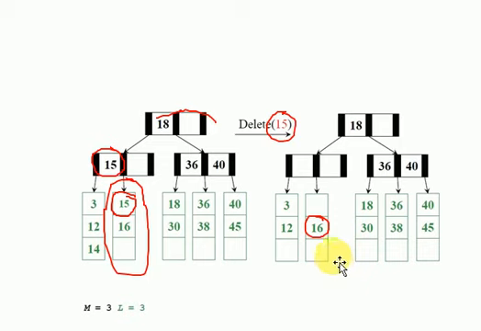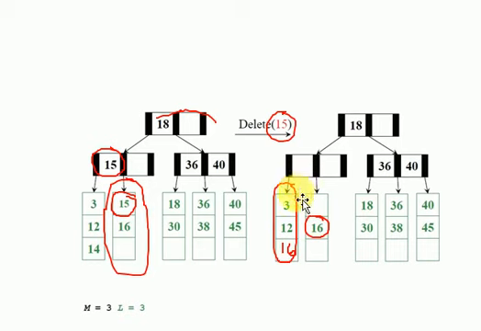So what we will do now is combine this 16 with its immediate sibling. Here the immediate sibling is 3, 12. So we will bring 16 over here, and then we'll get a complete node of 3, 12 and 16.